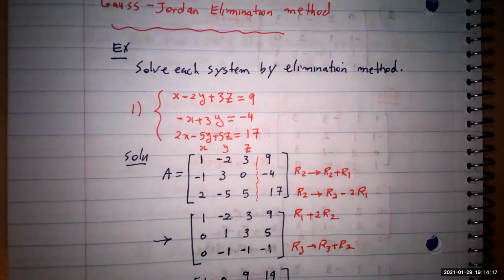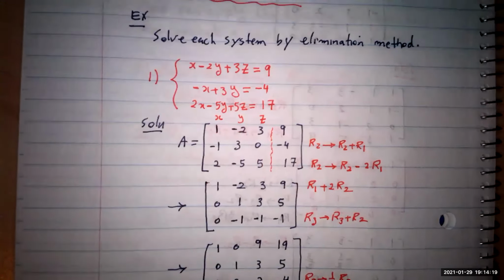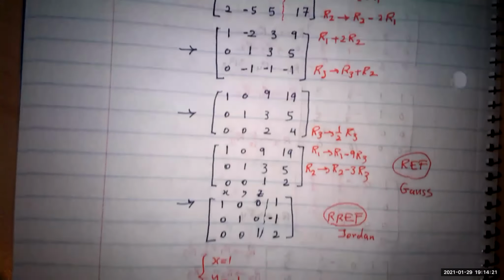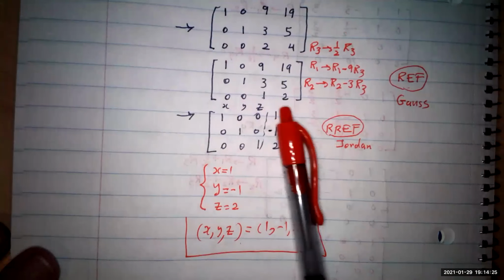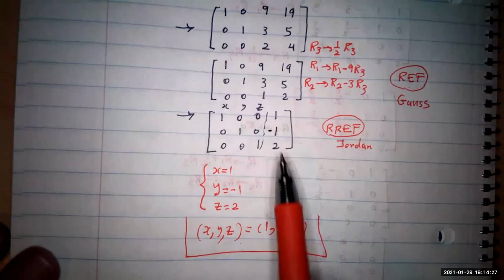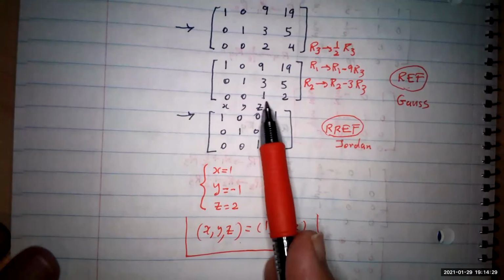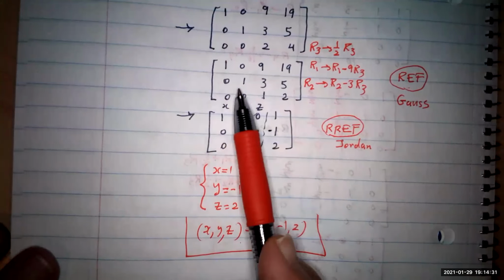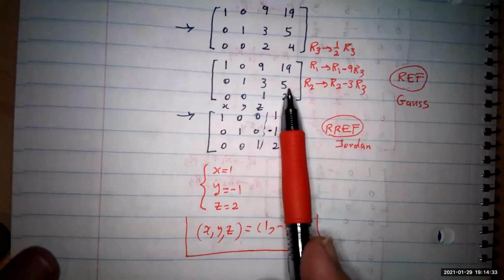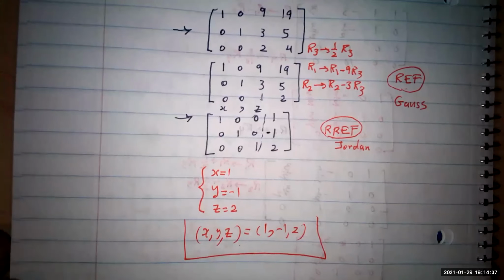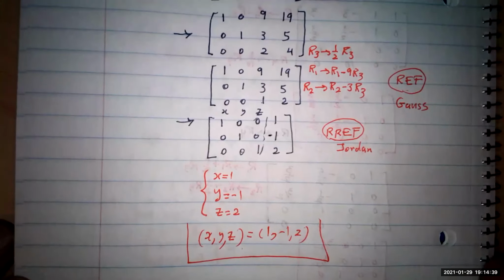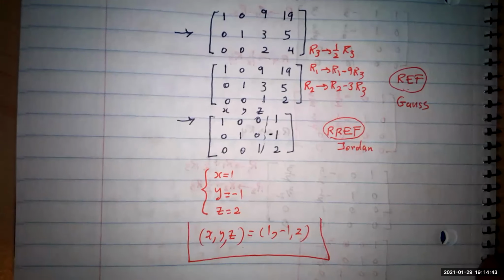You work on the augmented matrix, change it to the reduced form, so that you'll be able to find the result. If you stay with the Gauss method, you have to do a little bit of operation yourself. That gives z equal to 2. But over here, you have y plus 3z equal to 5, then you have to substitute for z. So it would be easier to get through it right away.